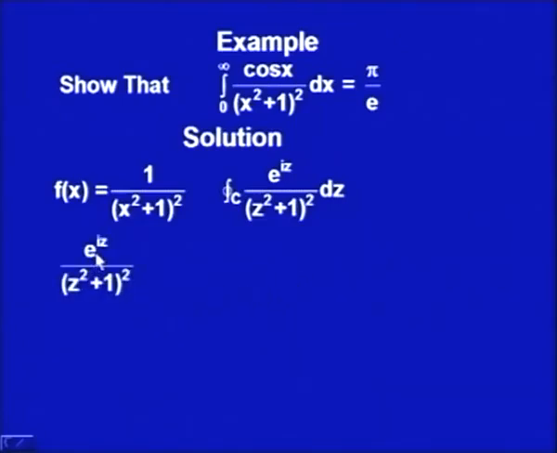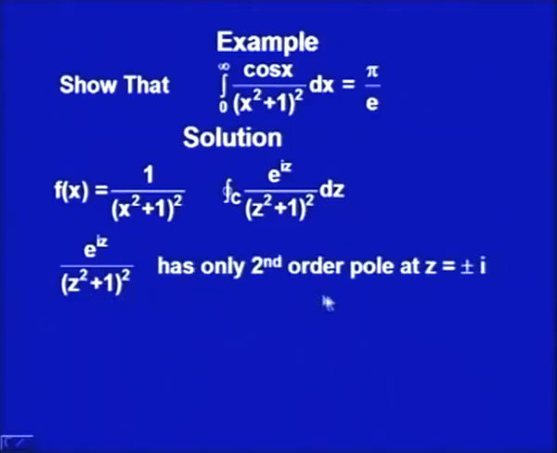Now, let us see this integrand e to the power i z upon z square plus 1 whole square. The denominator thus has zeros at plus minus i, and both the zeros are of order 2. So, this function will have only second order poles at z equal to plus and minus i.